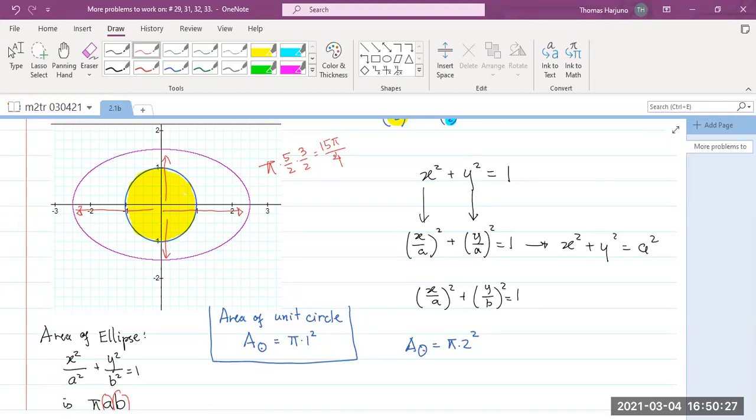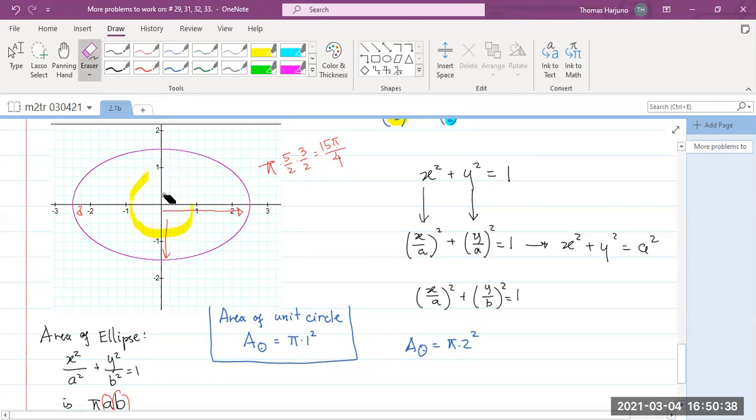Now, the question of the area of the ellipse is actually solved when you are in calculus 2. In calculus 2, they try to use calculus to compute the area of this ellipse.